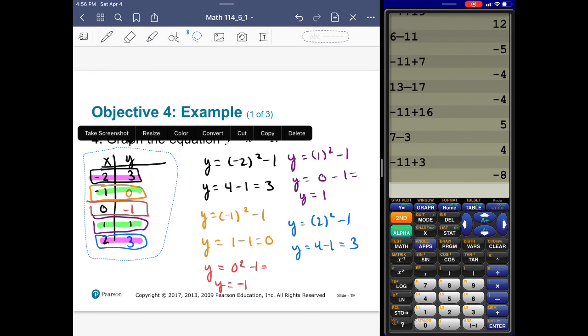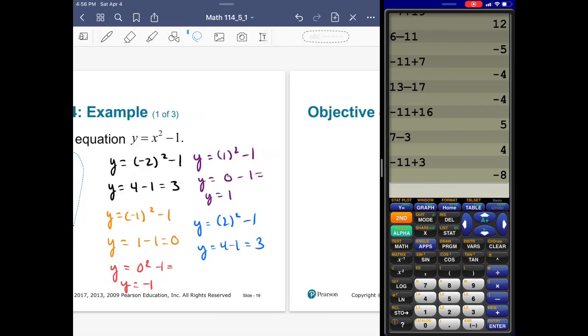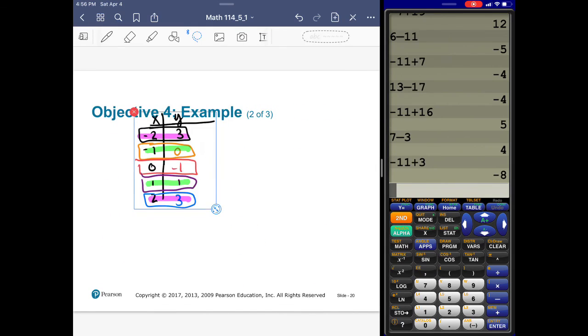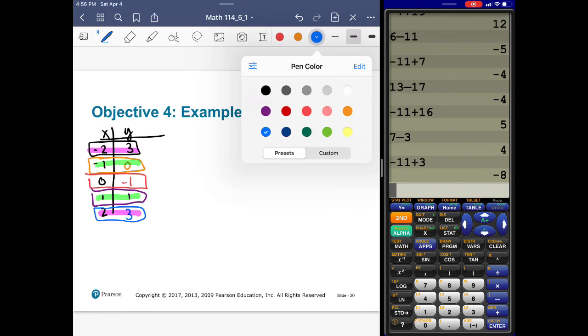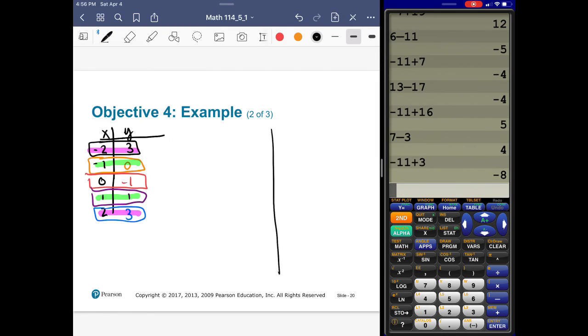So if we graph this, I'm going to copy this and take it to the other page. Paste. So I'm going to have 1, 2, 3, 4, 5, 1, 2, 3, 4, 5, 6.